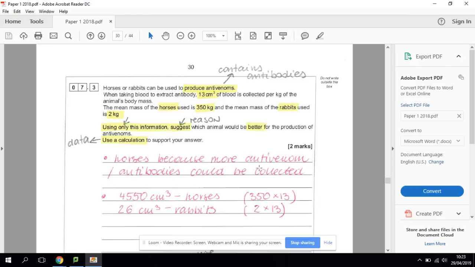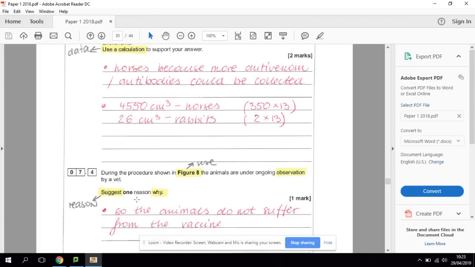So what we did here is 350 divided by 13, and then 2 multiplied by 13. Doing that calculation, we can see clearly that horses will have more antivenom, so more antibodies could be collected.